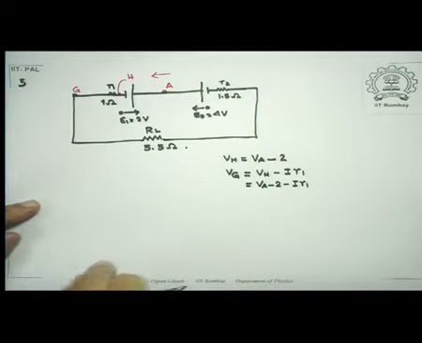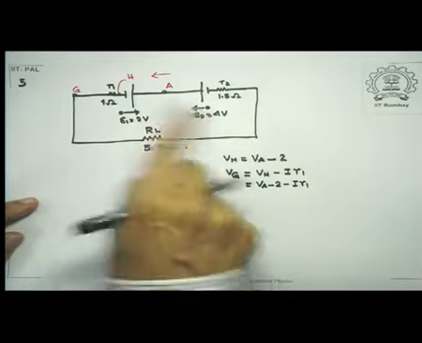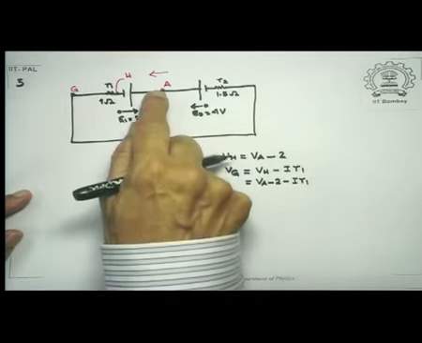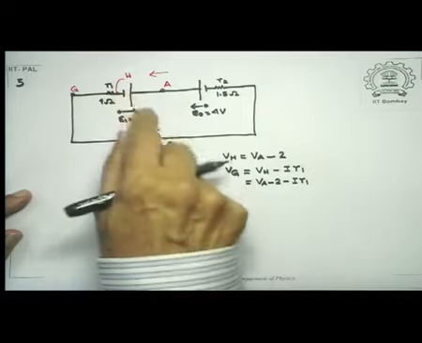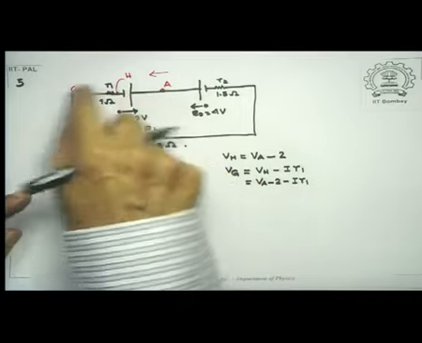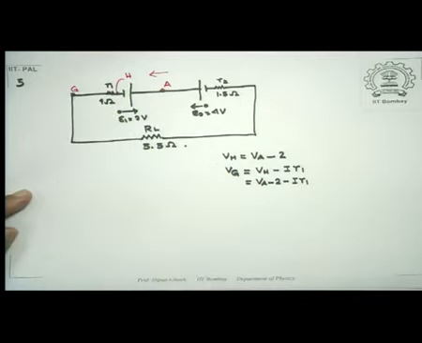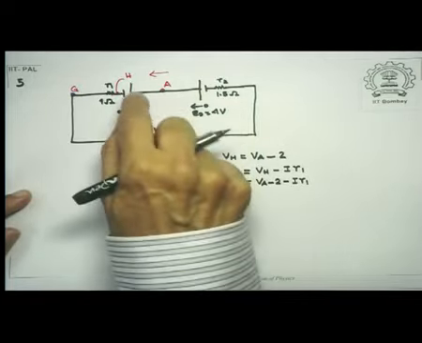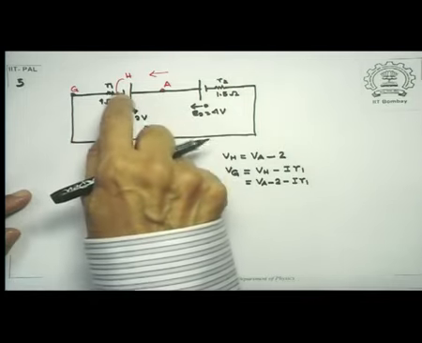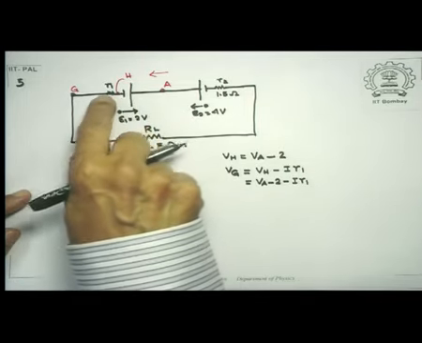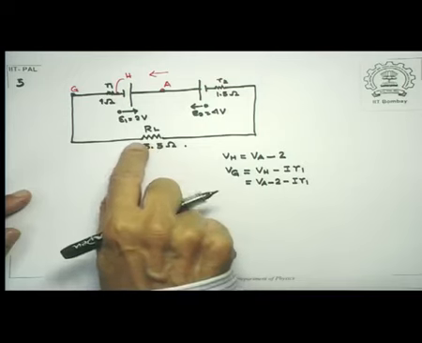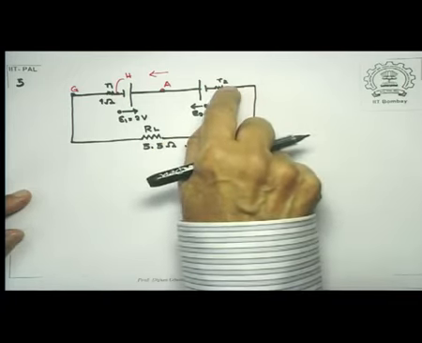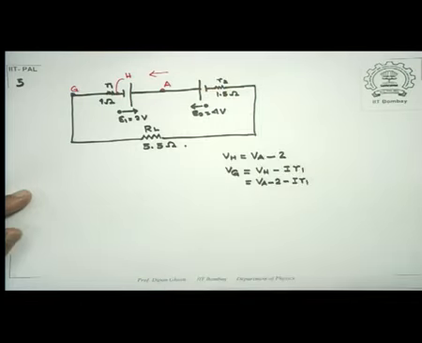Now of course, what I could do is to calculate how much the current is, exactly the same way. What I can do is go from here to there, there to there, there to there, and come back to it. So if I do that, all that happens is I drop a potential 2, increase by I times R1, increase by I times 5.5, increase by I times 1.5, and then increase by 4.